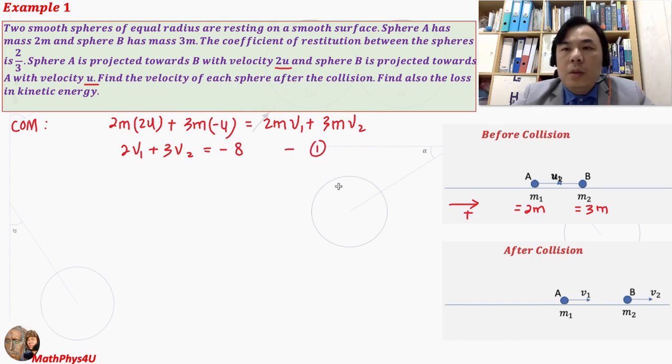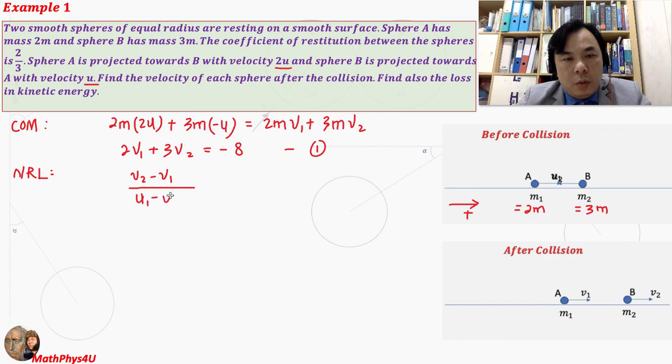All right. By using Newton's restitution law, here I'm going to take v2 minus v1 over u1 minus u2.